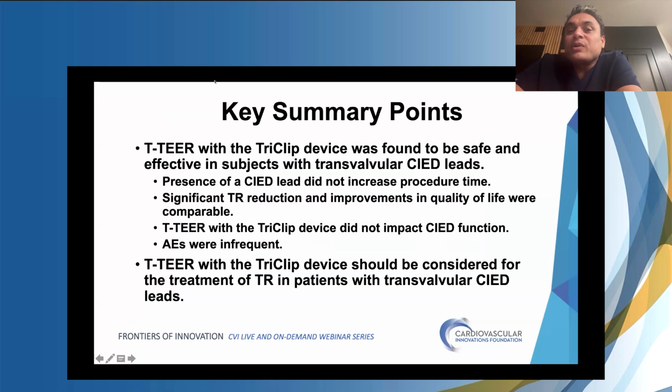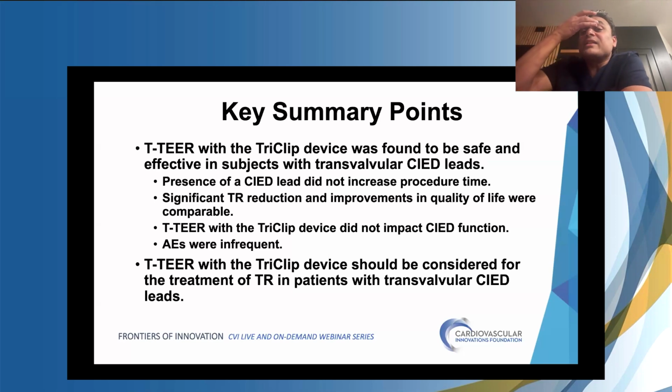And so, key summary points: tricuspid TEER with the TriClip device was found to be safe and effective in subjects with transvalvular CIED leads. The presence of a lead did not increase procedure time. Significant TR reduction and improvements in quality of life were comparable. Tricuspid TEER with the TriClip device did not impact the function of the lead.